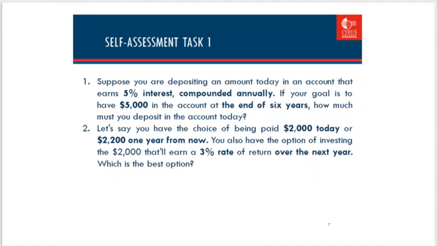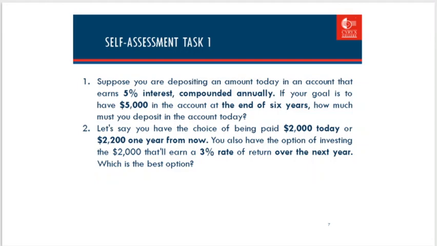Self-assessment task 1. Question number 1. Suppose you are depositing an amount today in an account that earns 5% interest compounded annually. If your goal is to have $5,000 in the account at the end of 6 years, how much must you deposit in the account today?